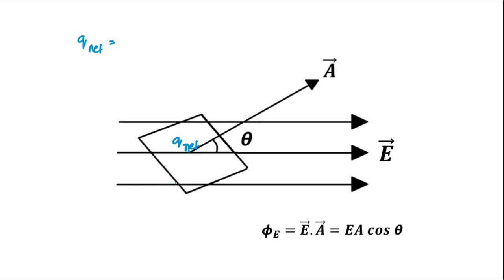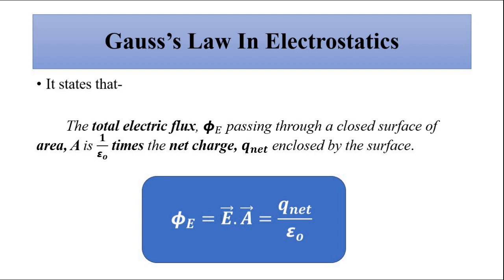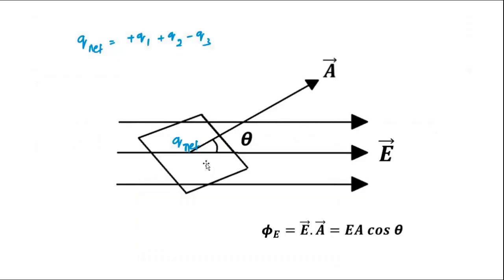Suppose there are three charges, plus Q1, plus Q2 and minus Q3. Two are positive, one is negative, so this is the net charge. This is the closed area. The electric flux phi, which is the same as the dot product of the electric field and the area vector, will be equal to Q net by epsilon 0, 1 by epsilon 0 times the net charge enclosed by that surface.